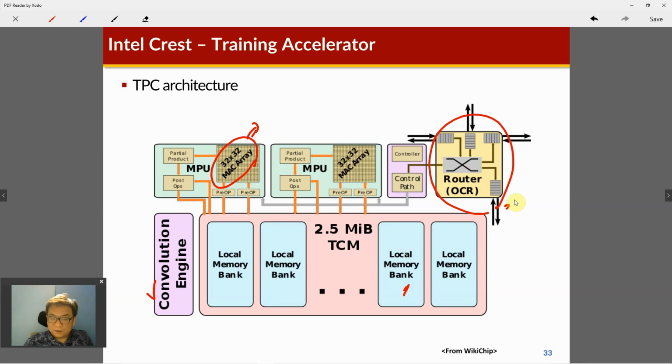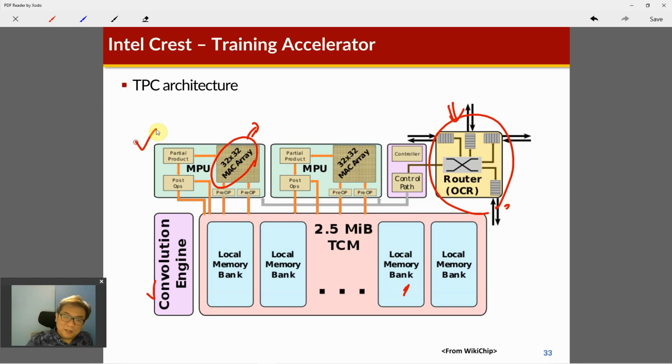I think these tensor processor cores have a mesh type interconnection network, because it's very similar to it. So the structure of this router is similar to that of a mesh network. Okay, very interesting.